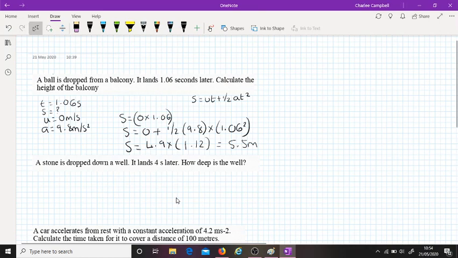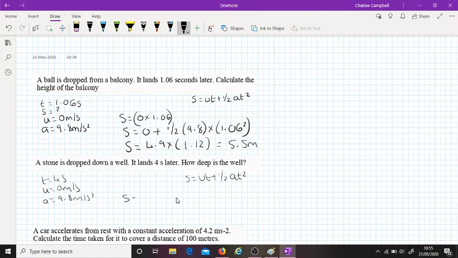We're going to do exactly the same process for this one. So we're going to read it. A stone is dropped down a well, it lands 4 seconds later. Time equals 4 seconds. How deep is the well? s equals ut plus a half at squared. Again, it's been dropped, so its initial speed is 0. It's subject to free fall, so it's 9.8 meters per second squared again. So it's exactly the same type of question, just with different numbers. We can skip the ut bit, because we know it's 0 times.